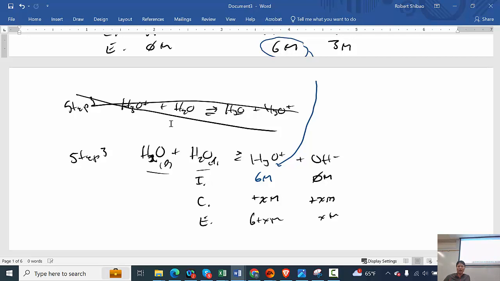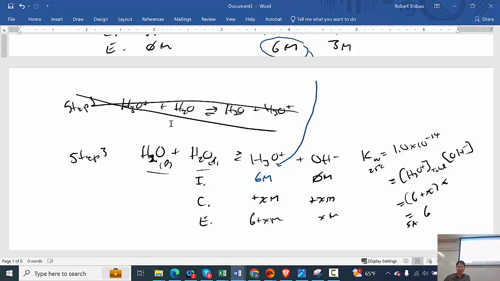Now, here the K, again, this K, obviously you have to have memorized. What is the K at 25 degrees C? This is going to be the total hydronium times the hydroxide. And so this is going to be 6 plus X times X. And here the simplifying assumption, I think, will work very nicely with 6X.